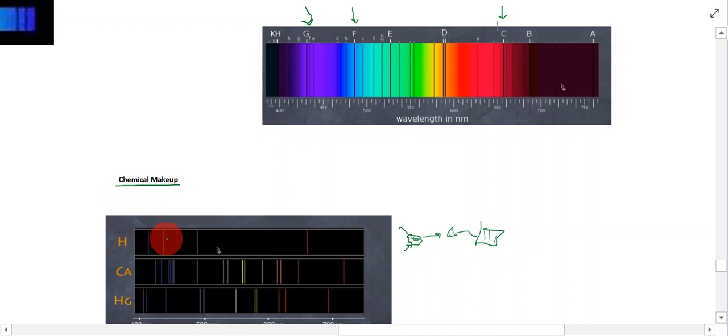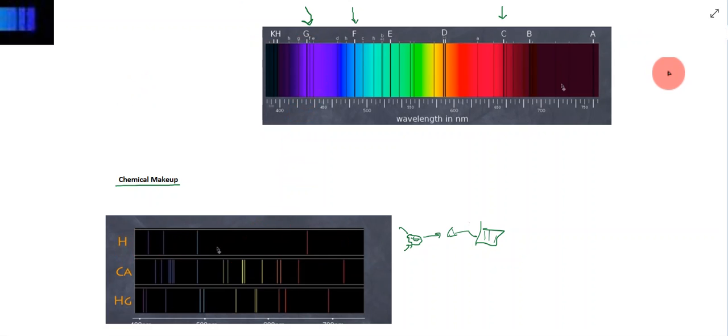So we can see that these individual lines that we see in this absorption spectrum from the sun match up with the lines from the emission spectrum for hydrogen, for example. So we can see that these match up very nicely, and what we can then conclude is that the sun must contain elemental hydrogen within it, and it does. We know that we looked at the chemical makeup, it contains hydrogen within it. So again, we can use this to identify one of the particular elements that are present within the sun by looking at this spectra.